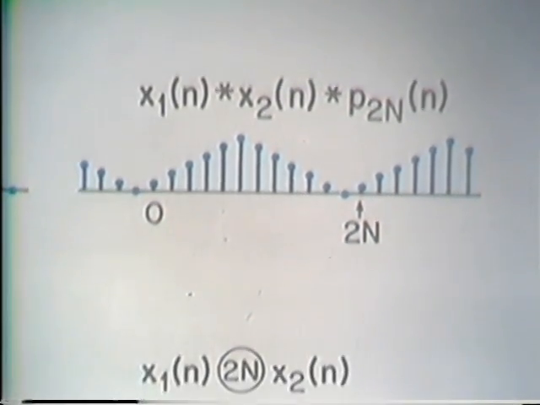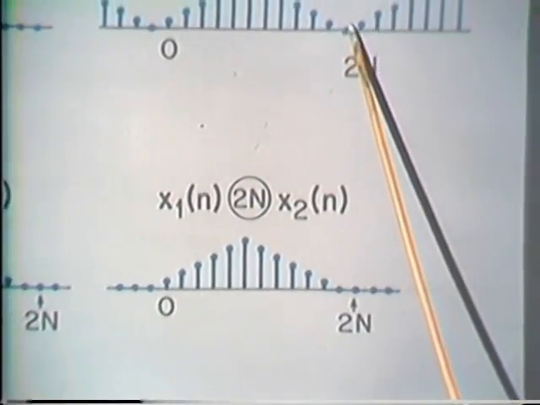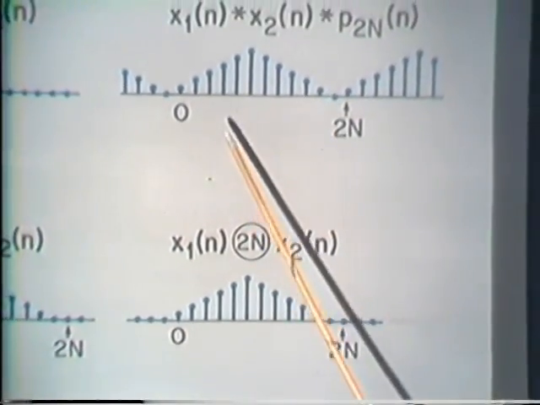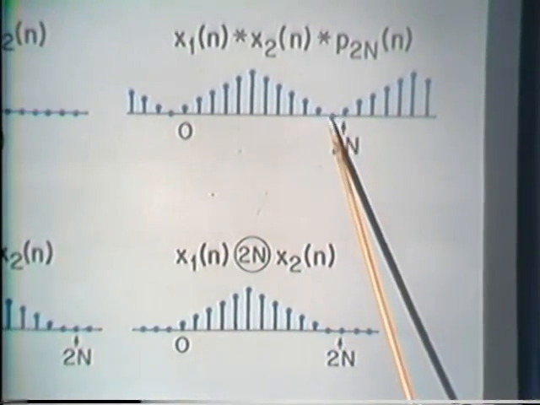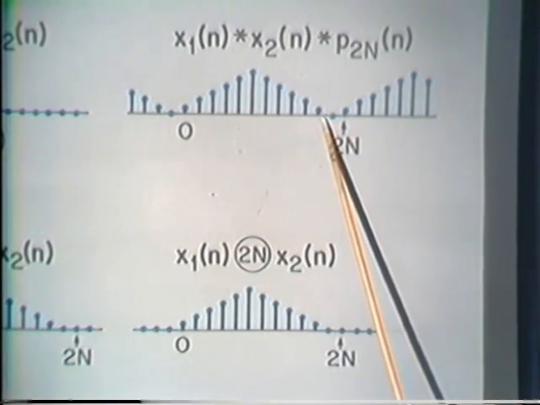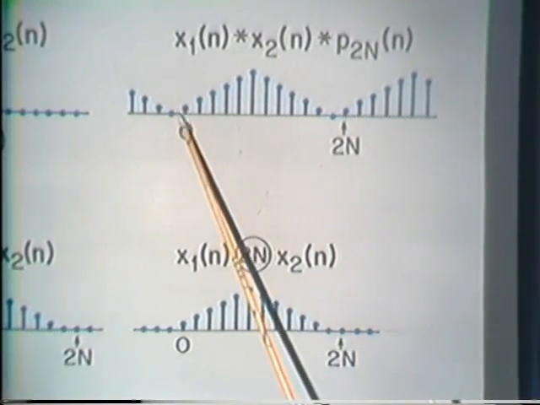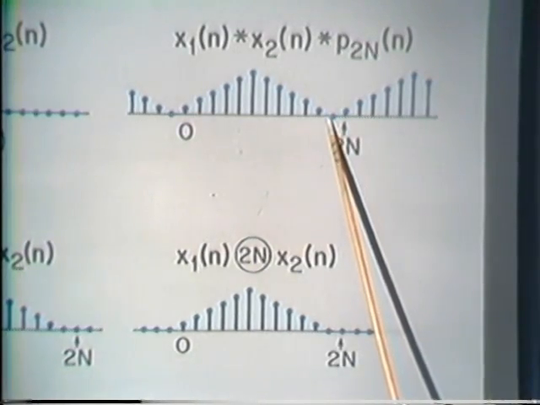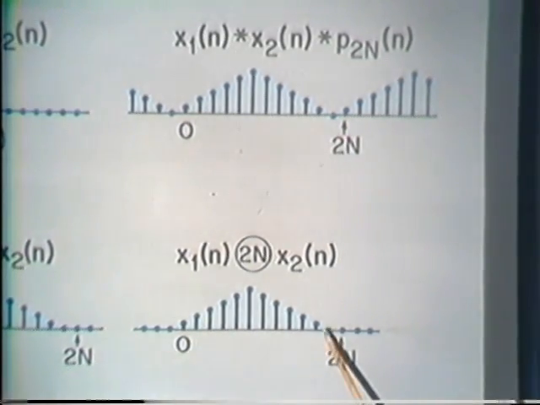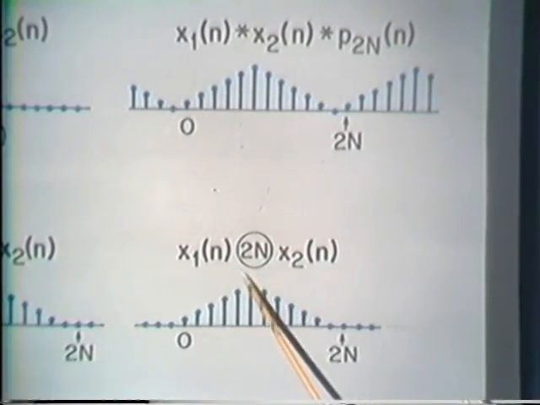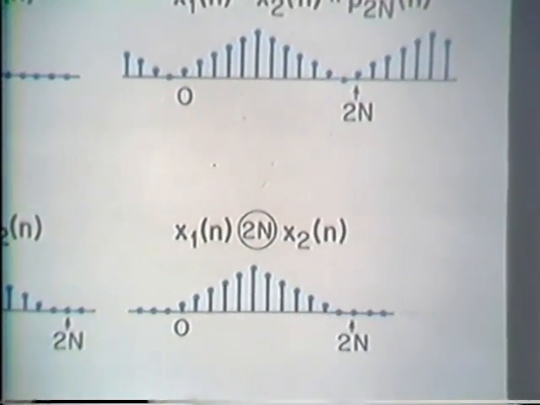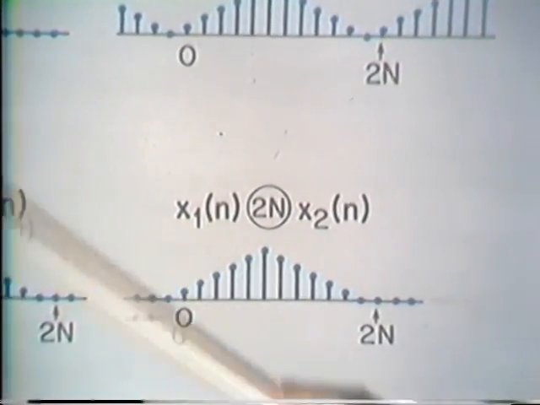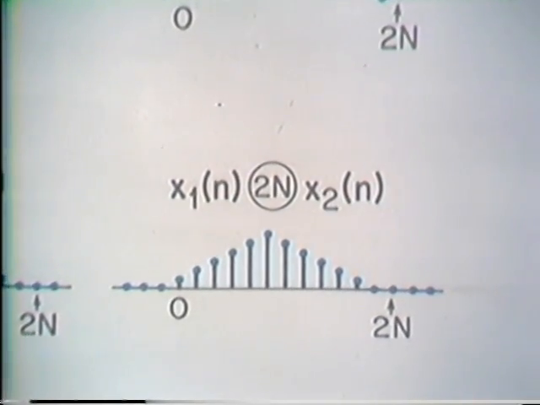Finally, to get the circular convolution, we recall that we want to extract one period of this. So we extract a period from 0 to 2N minus 1. And this result then is the 2N-point circular convolution of x1[n] with x2[n].